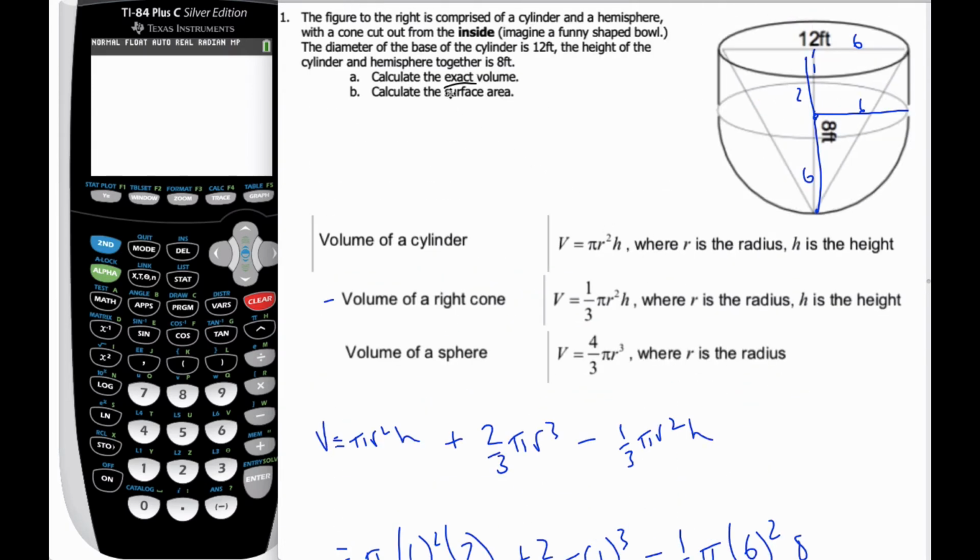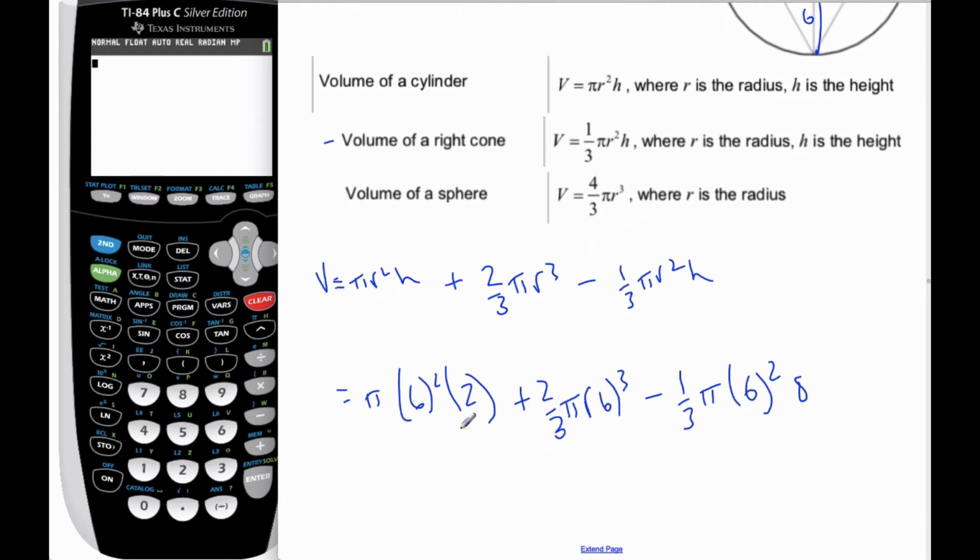One of the things we have to be careful of: it says to find the exact value, and that means our answer must be in terms of pi. So I have to do some of this computation without pi and deal with the fractions. 6 squared is 36, times 2 is 72π, plus 6 times 6 times 6 divided by 3 times 2. If I take a look at my notes, when I did that, I got 144π.